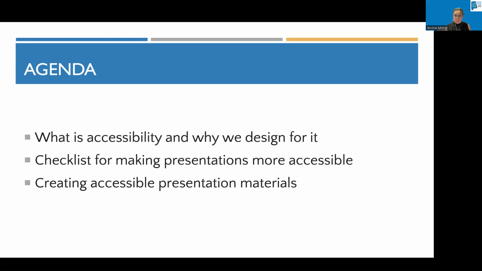Some of these will apply to virtual as well as on-site, so really covering that whole range of offerings for you. And then lastly, we're going to dive a little deeper into some tips, suggestions, and best practices for making your presentation materials accessible, really focusing more on PowerPoint, but a lot of the formatting and guidelines that we cover will apply regardless of what you're looking at, if it's a Word document, video, etc.